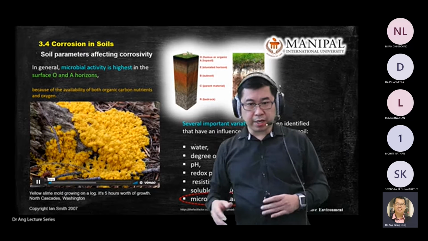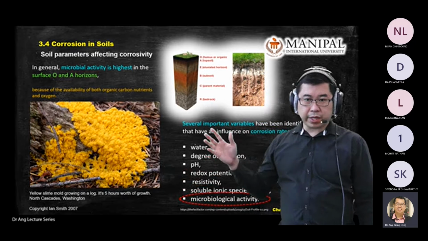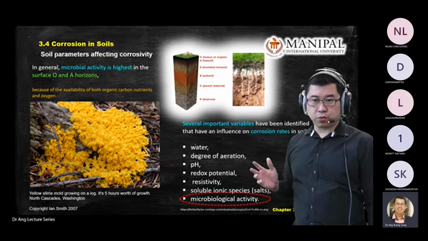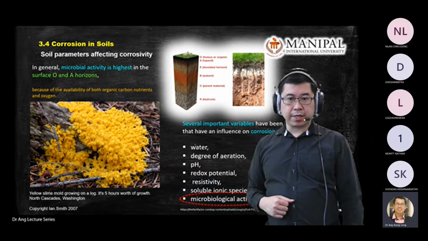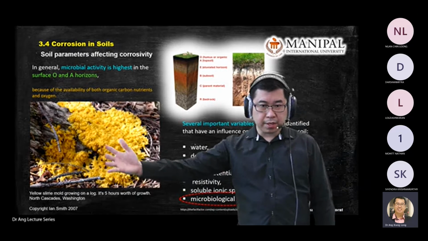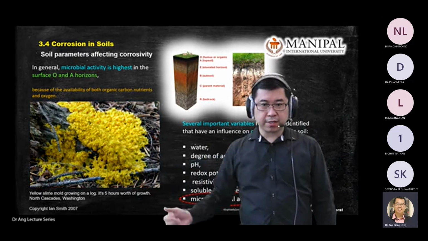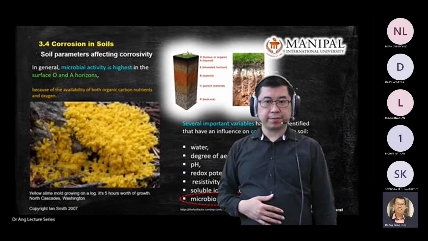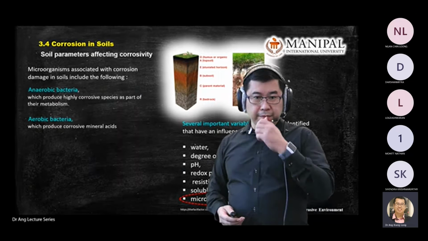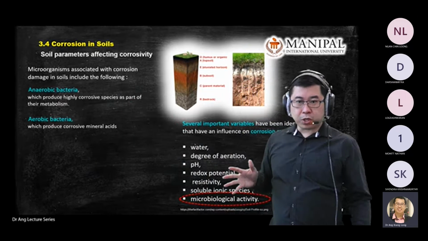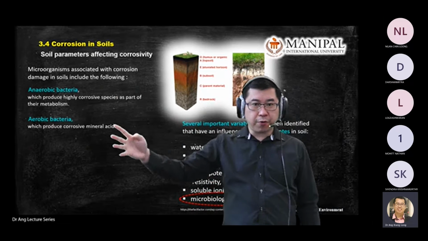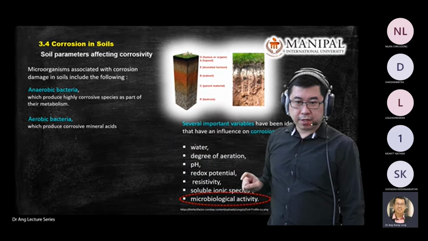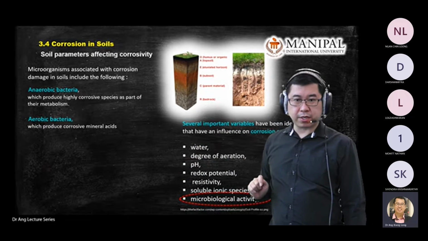One of the examples I'll give you in this video is one type of fungus or mold that contributes to the corrosion also. They create a slime on the surface that contributes to the soil property. There are four types of microorganisms that contribute to corrosion because of microbiological activity.